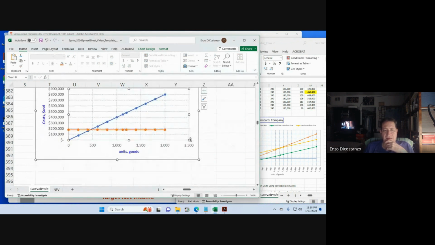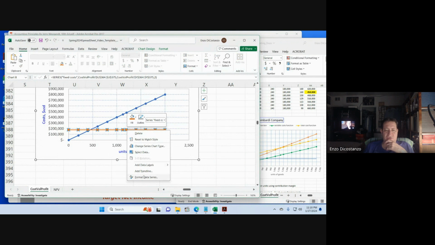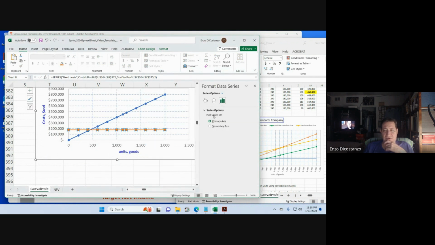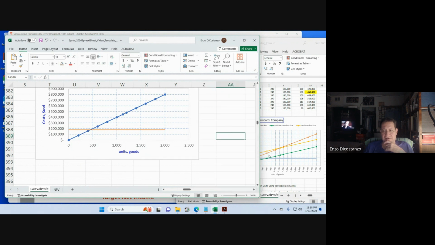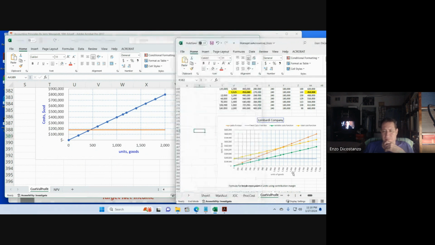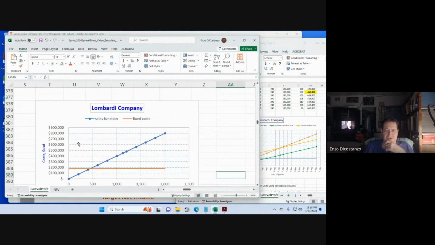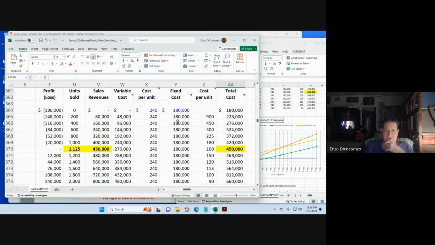With the fixed costs, you don't need all the dots going across. You just want the horizontal line. So you go to Marker Options, none. And that's it. Just leave it. That should be just below the 200, because it's 180, just below 200,000.